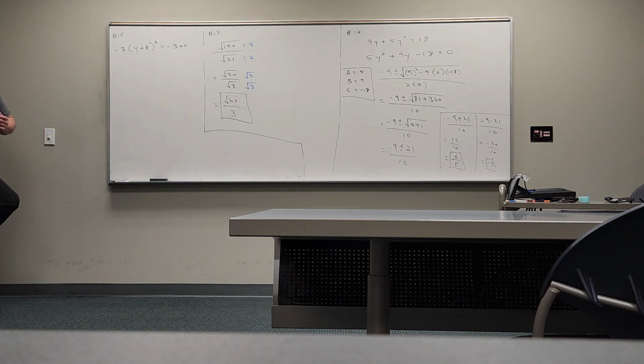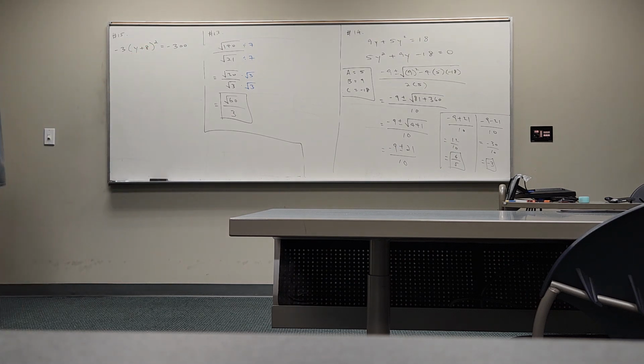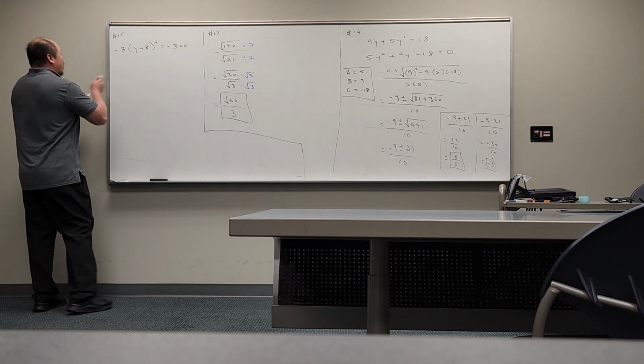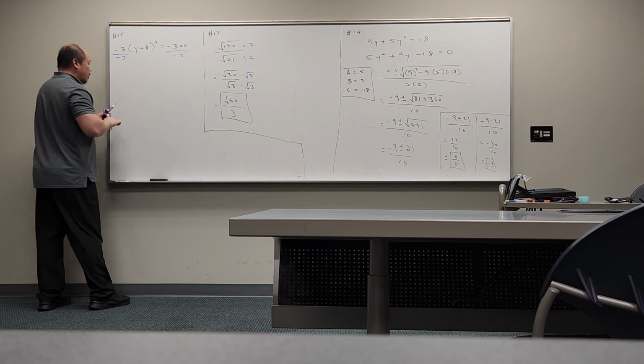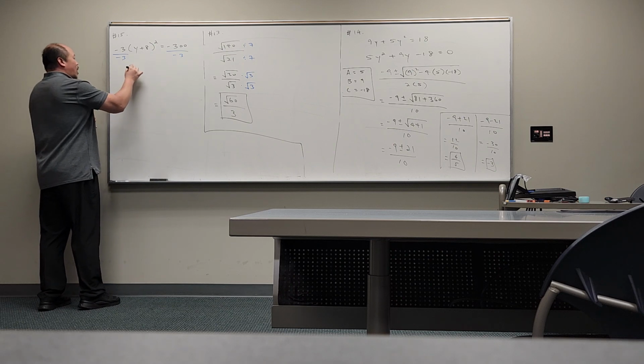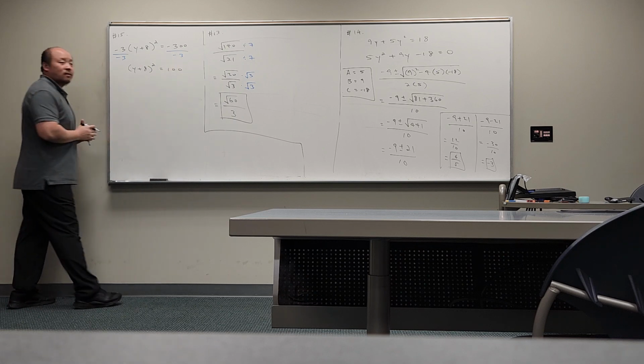So for this guy, look at it this way. I want to get that square isolated. So what I would do is divide by -3 on both sides. So that'll be y plus 8 squared equals 100, right?